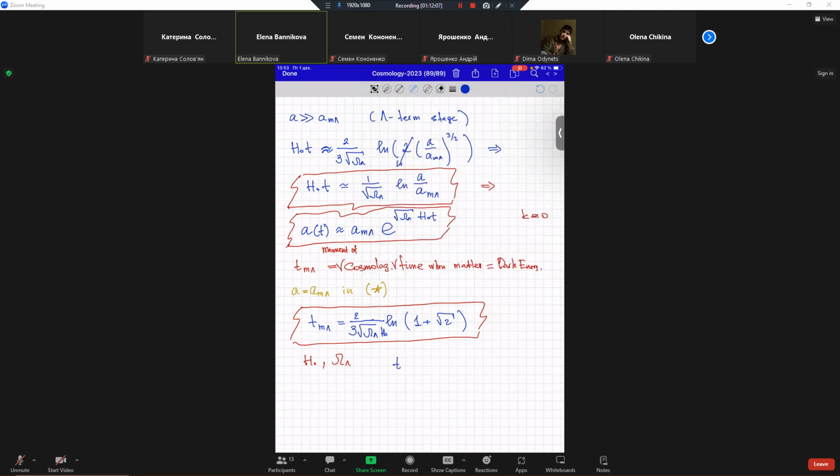So let's put the numbers. And estimate T m lambda equal, and just put it 2 divided on 3 square root of omega lambda. It's square root of omega lambda.